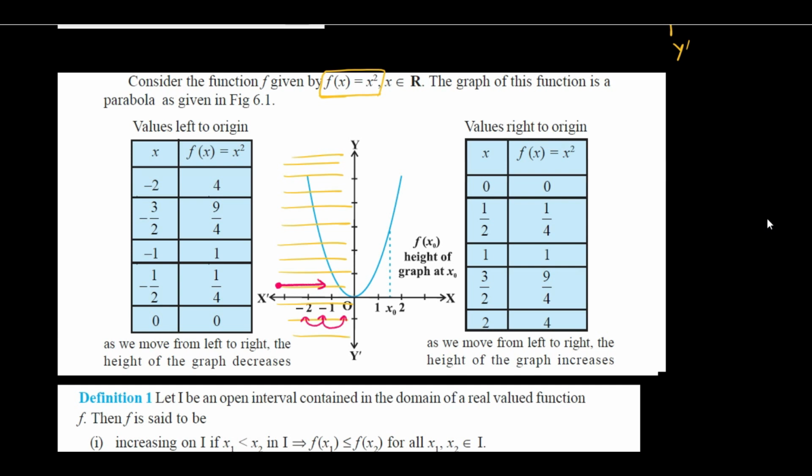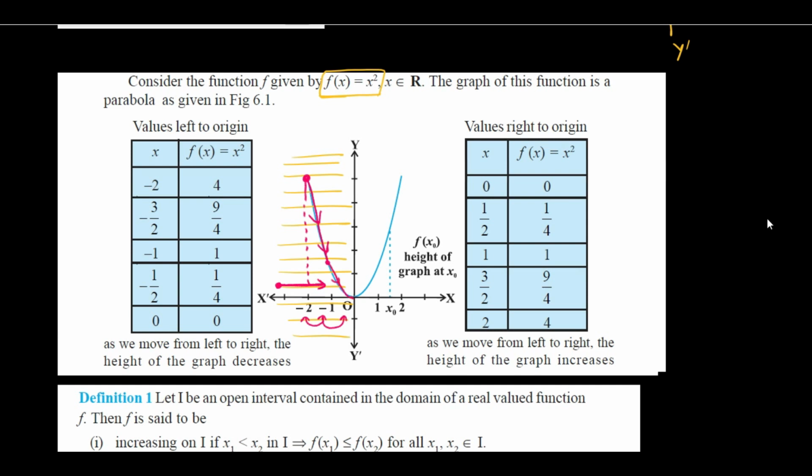For -2 the value of the function is this. For -1 the value is this, which means the value is decreasing.